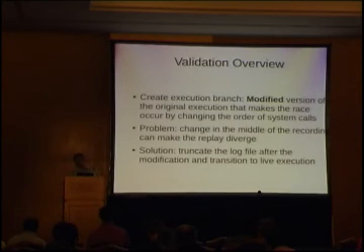So we simplify this problem by truncating the log file right after we modify the log file. And then we transition to a live execution, so we don't replay anymore, and thus we don't hit that divergence problem.